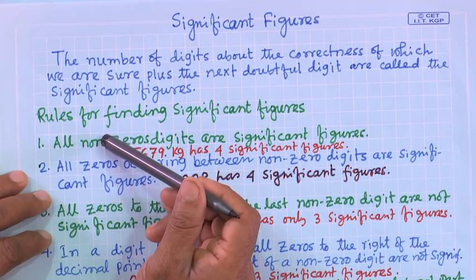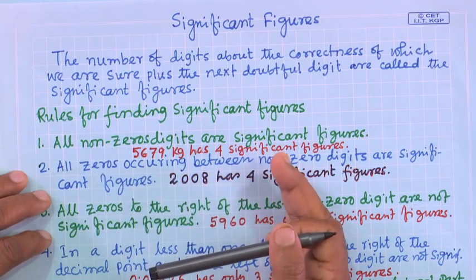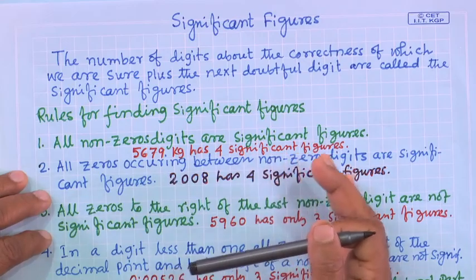You can keep the number of digits up to which you are sure about the correctness, as well as one additional digit thereafter which is doubtful, and that digit we generally put in a bracket.